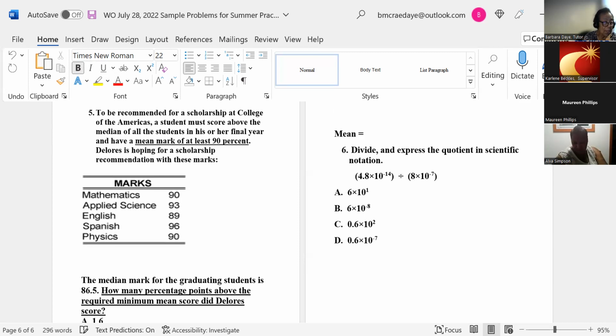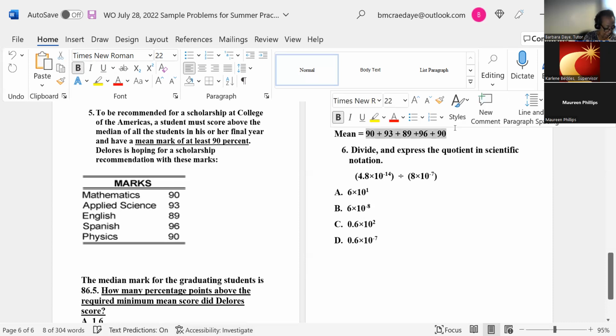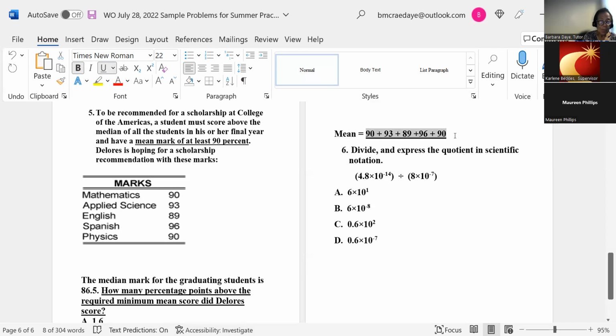Let's just put here 90 plus 93 plus 89 plus 96 plus 90. And this is divided by what, Maureen? 5, because there are 5 scores. So let's just divide this. I get 91.6.